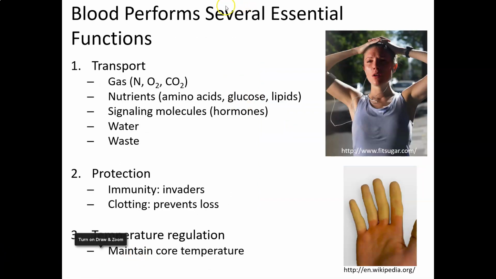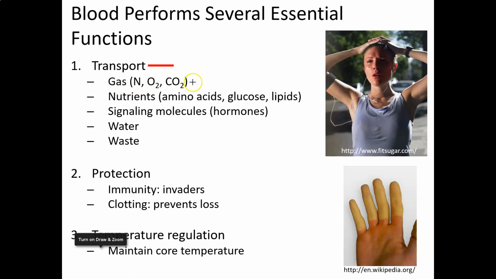Okay, so now we'll look at the functions of the circulatory system. The major functions, number one, would be transport, right? So there's our transport function right there. For transport, the major things we transport in the blood are gases.